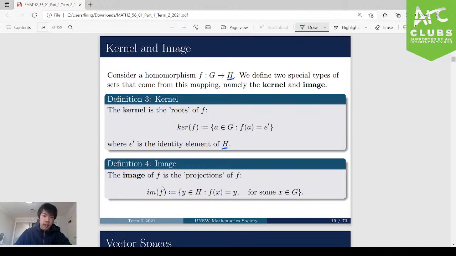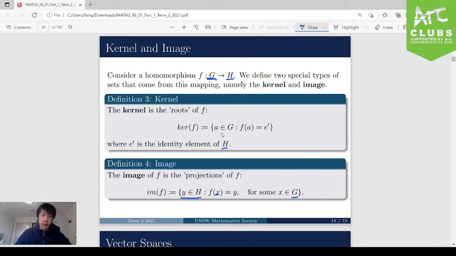And the image is something that projects you to the codomain. So now it's a set of everything in the codomain that you get when you plug in any x from your domain G. So the kernel is a subspace of your domain, and the image is a subspace of your codomain.